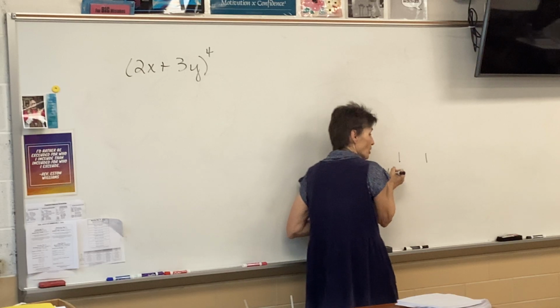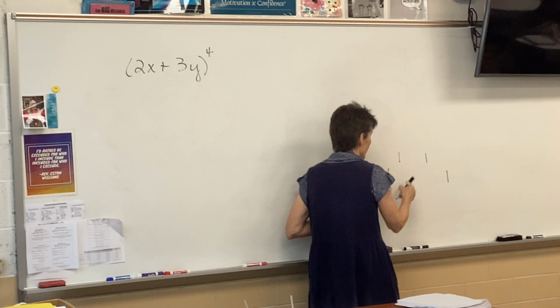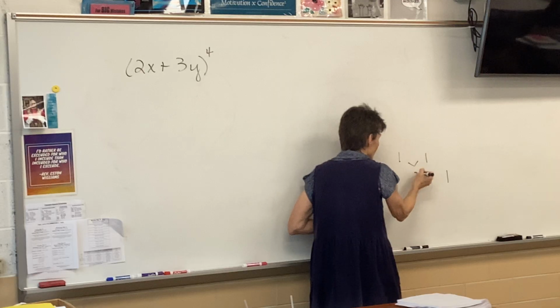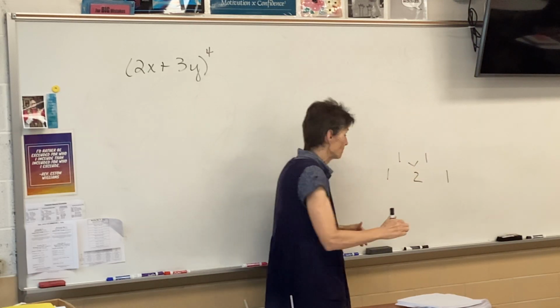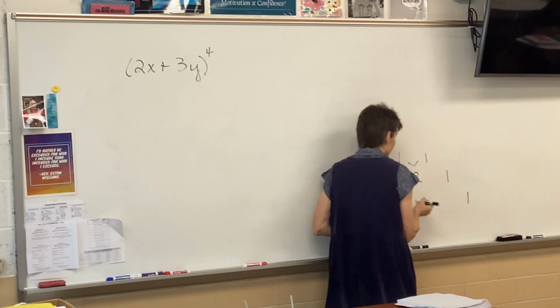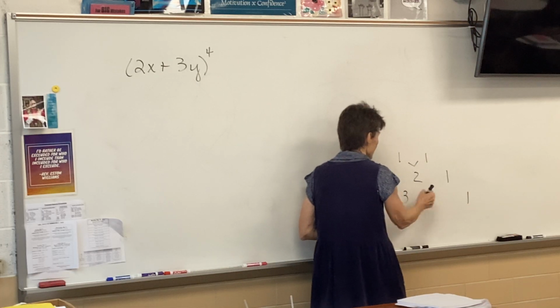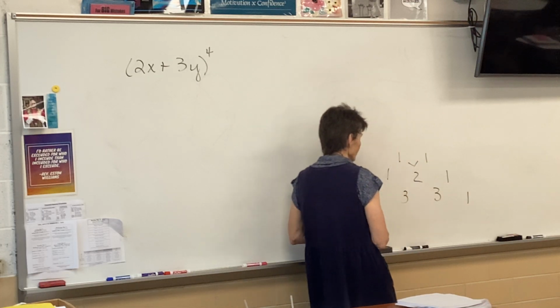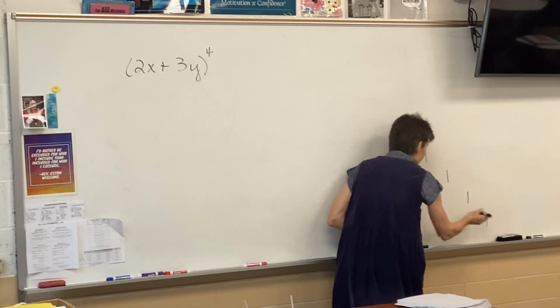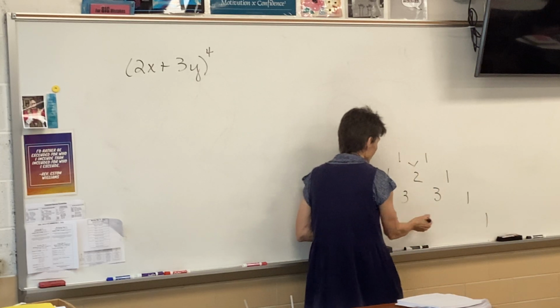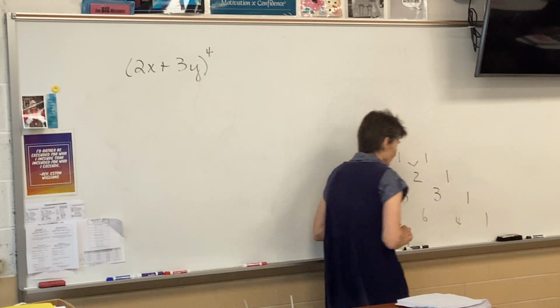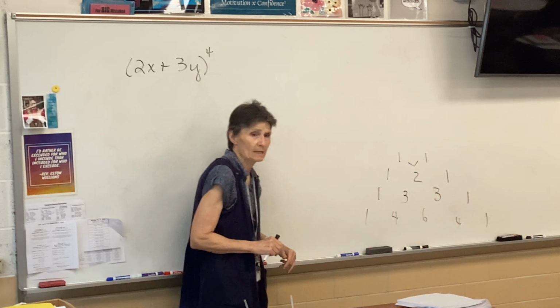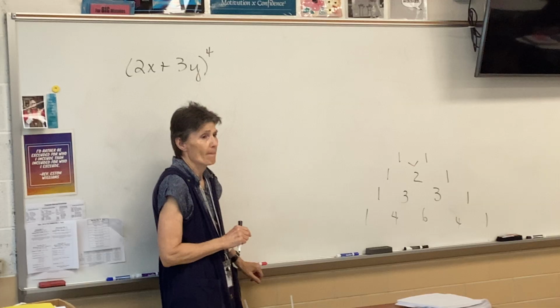Each row starts with a 1 and ends with a 1, and then in between, numbers are found by adding the two above. So it pyramids out. So 1 and 1, and then 1, 3, 3, 1, and then 1, 4, 6, 4, 1. That's how we build it.